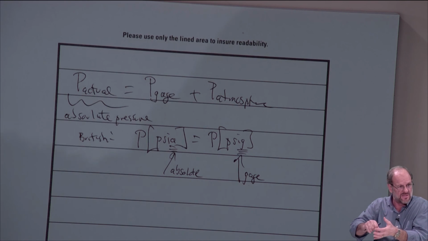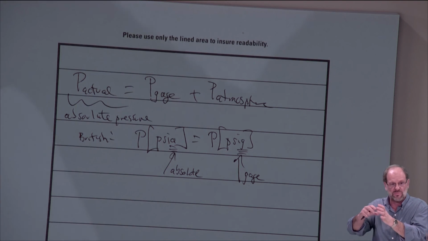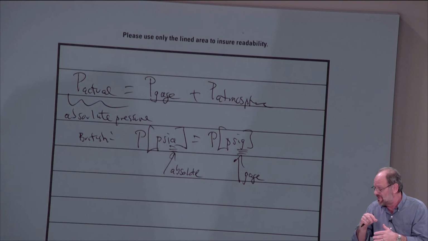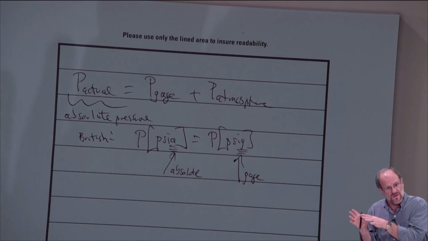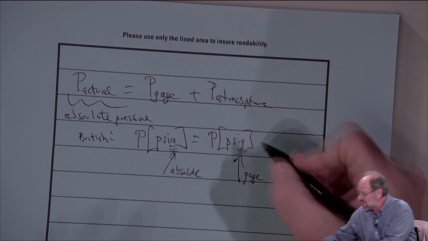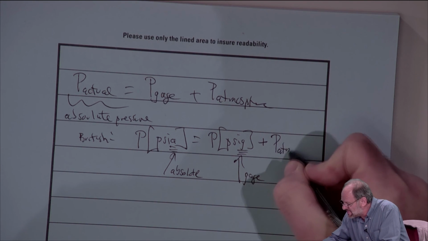If you add some pressure to, let's say, the gas that's in that tank, and it goes from 0 up to 1 up to 2, that doesn't mean that 2 is the actual pressure. It means that 2 is the pressure above the atmospheric pressure, right? Because at atmospheric pressure, the gauge was set to 0. So we have to add to this pressure in the pressure gauge the pressure of the atmosphere.